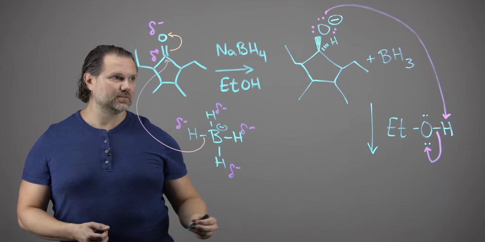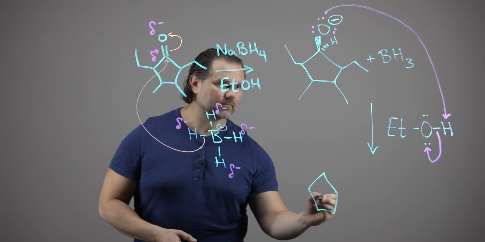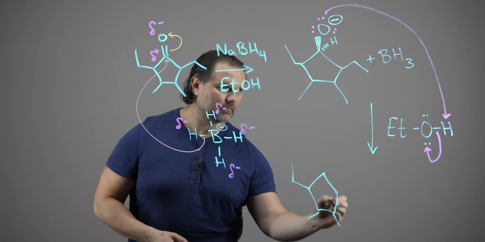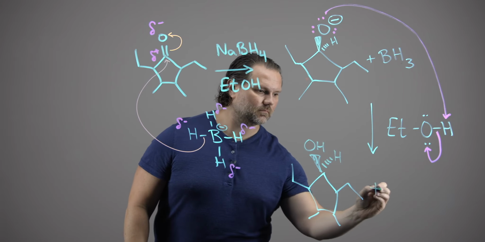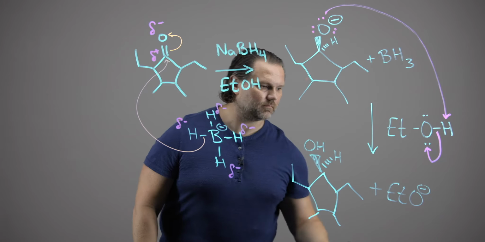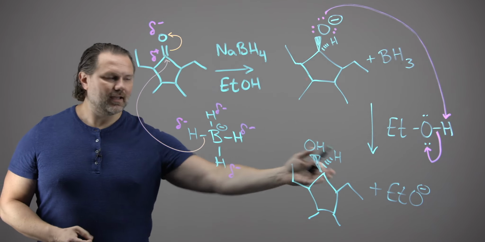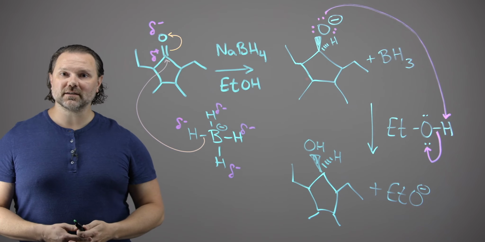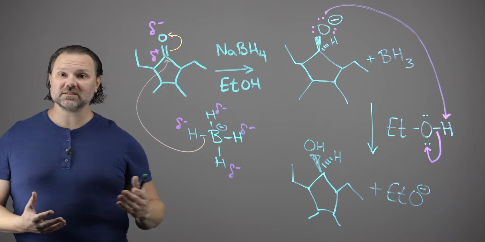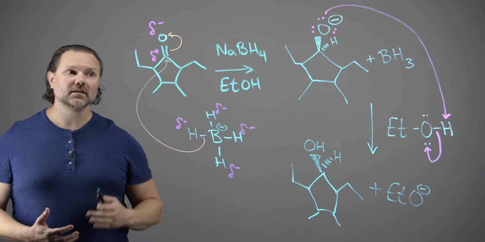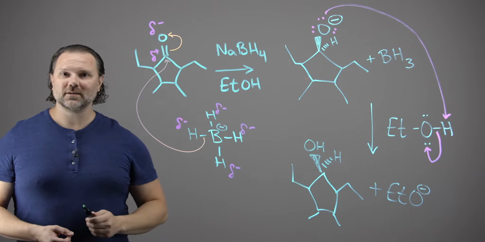Let's draw those. So we have our 5-membered ring. We formed our product, which is an alcohol, and a byproduct, ethoxide. And when we look at this reaction, we can now see, what have we transformed? We turned a ketone into an alcohol.